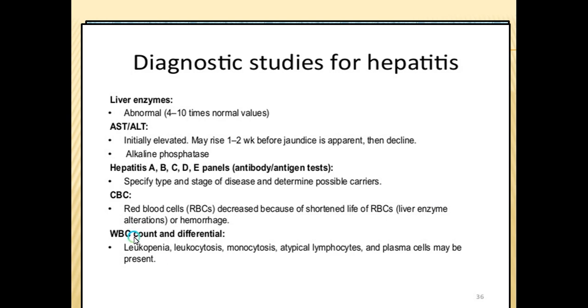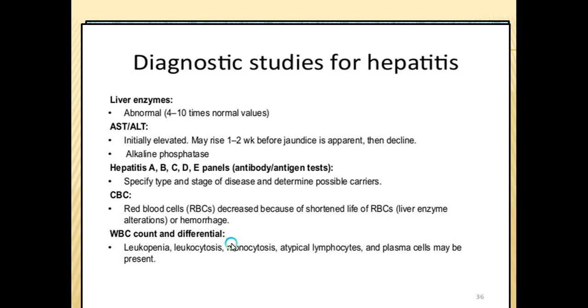Okay, now we'll come to WBC count. First is leukopenia. What is leukopenia? Low WBC count. So low WBC count is present in hepatitis B. Then is leukocytosis, that is increased WBC count. This is common in alcoholic hepatitis.